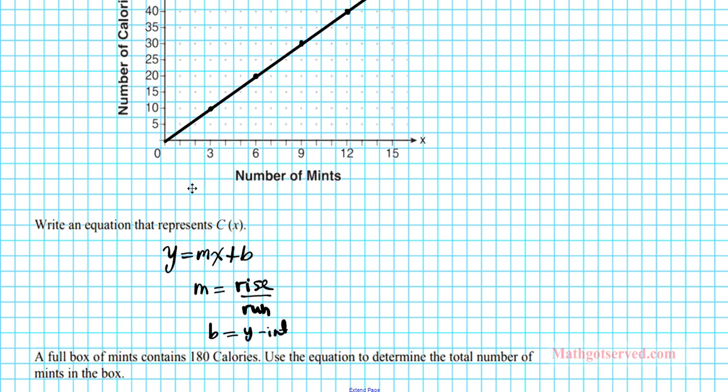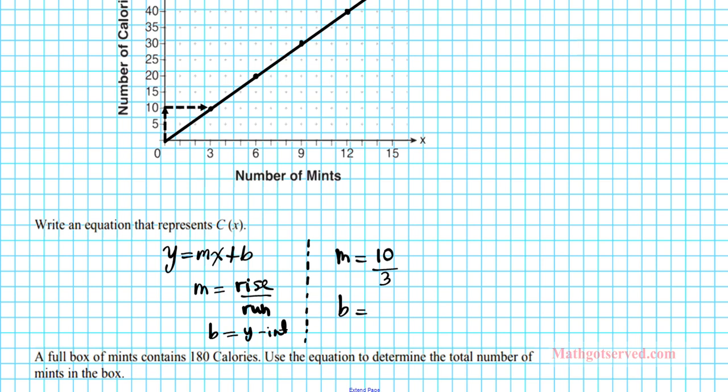In this graph, do you see the slope and the y-intercept? The slope is the rise over run. If we count, from here we rise 10, and then we run how many units? 3, right? So in this problem, let's customize it. M is going to be the rise of 10 over the run of 3.